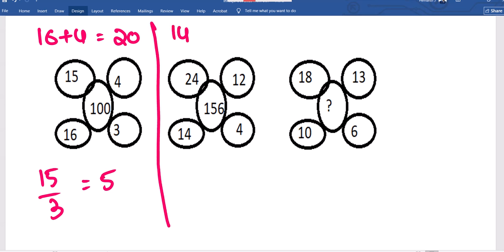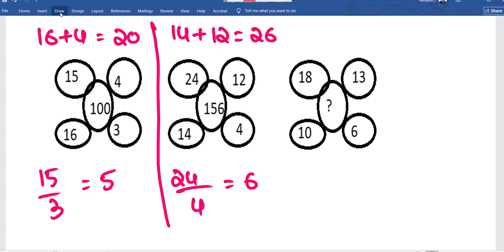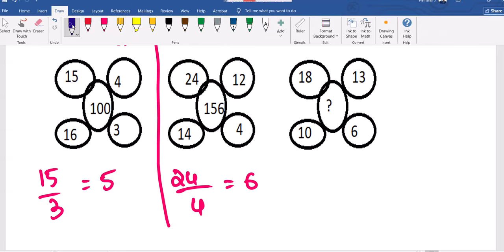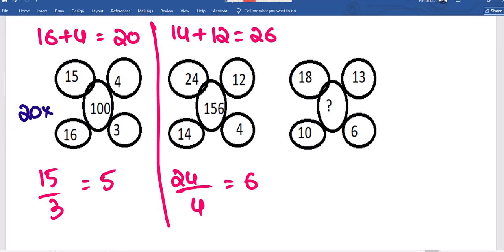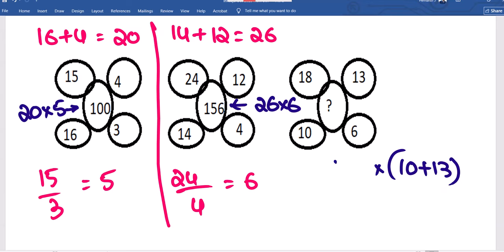What is 14 plus 12? 24 divided by 4? 26 into 6 is 156. 20 into 5 is 100. So your answer should be 69. 10 plus 13. Here it is 18 divided by 6. 69.